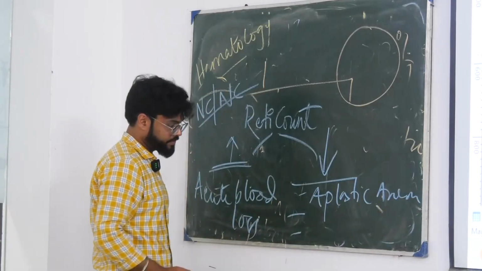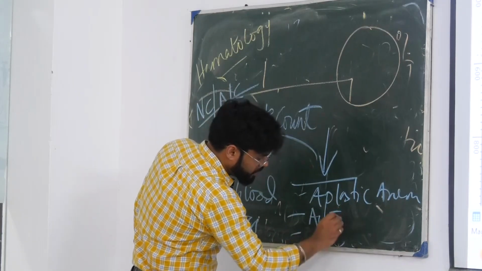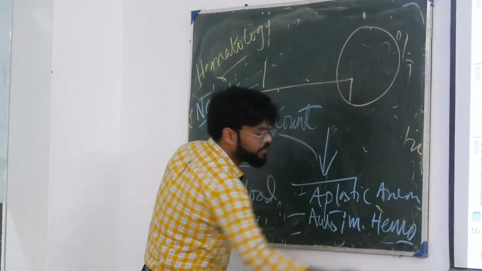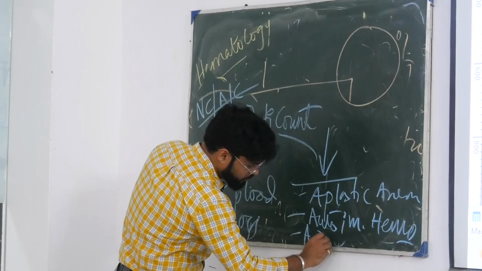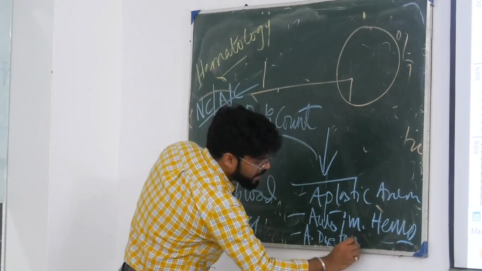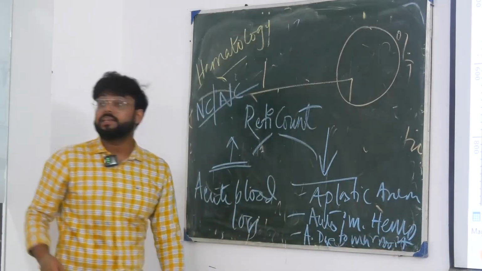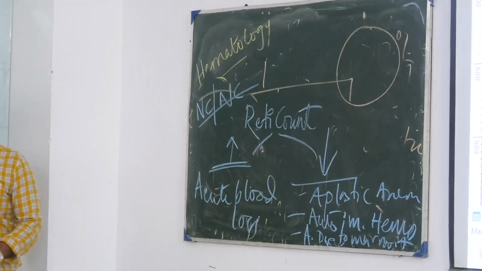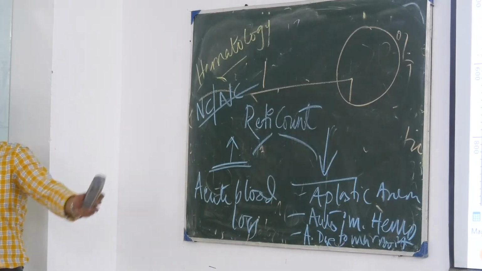Second is autoimmune hemolytic anemia. And third is anemia due to marrow infiltration. If there is metastatic deposit in bone marrow, it causes normocytic normochromic anemia. So if there is normocytic normochromic anemia, we have to check the reticulocyte count.